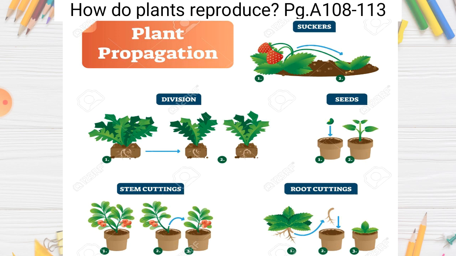In some cases we can help the plants by dividing them. In other cases, with just a little part from the stem, cut and placed into another place. In some cases, this can be done with roots.